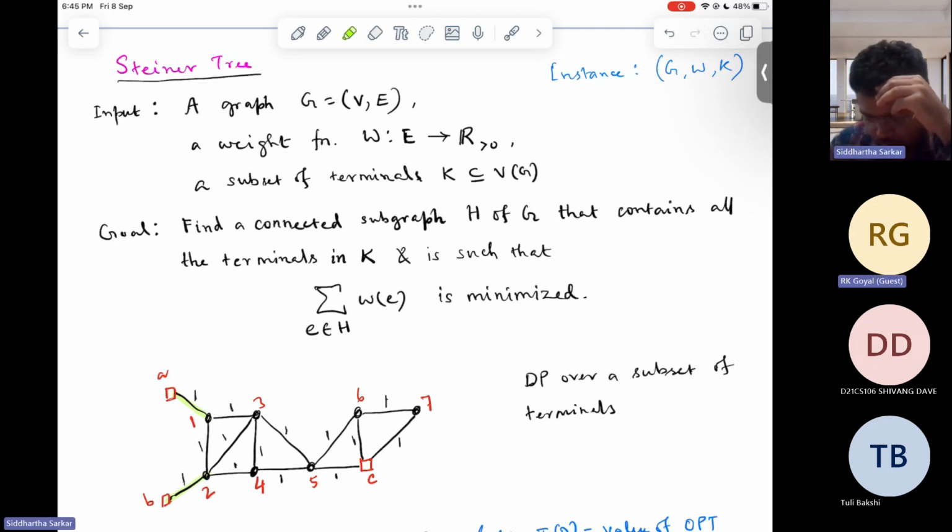Now I have a doubt here in this Steiner tree: do we have to cover all? No. So we have to find the connected subgraph. This is the goal.